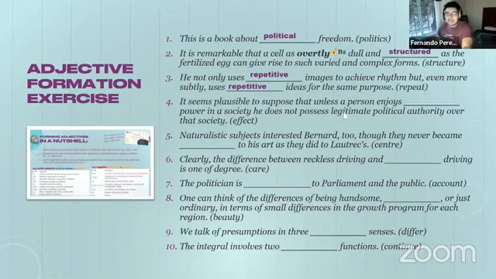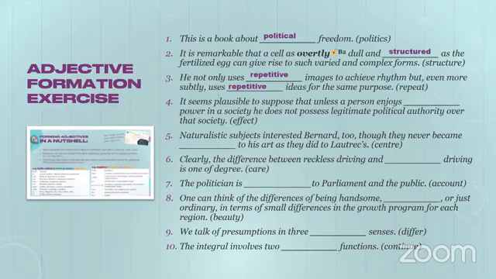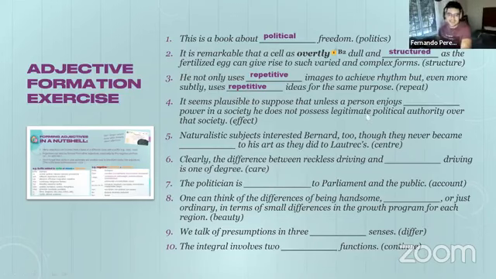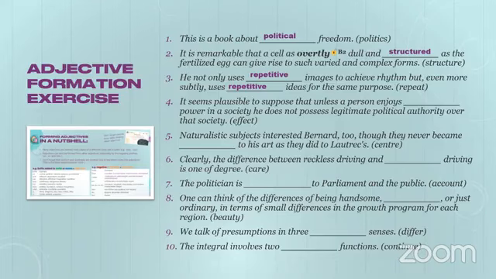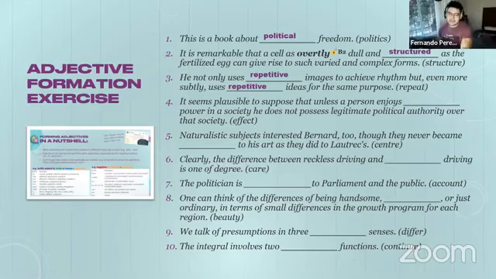Remember that the sound doesn't exist in English. Legitimate. Exactly. That's the only thing you need to remember. Every time you want to say it, remember that's Spanish. In a society, he does not possess legitimate political authority over that society. Good.